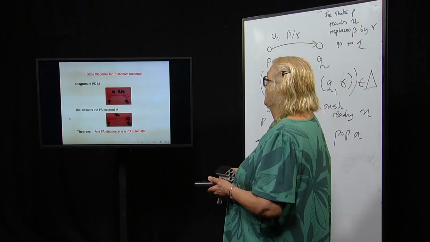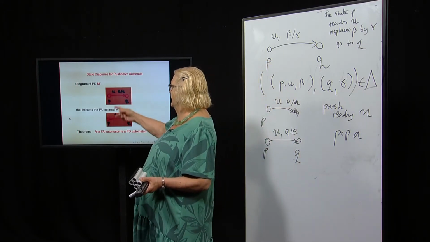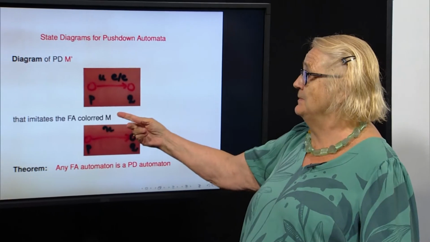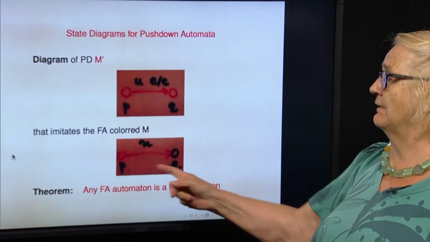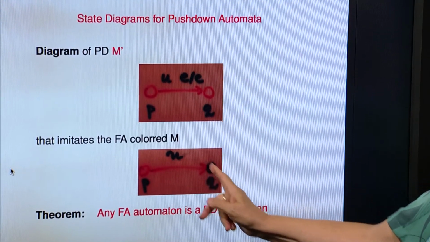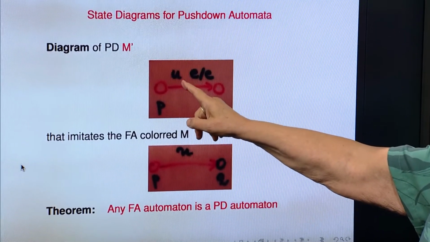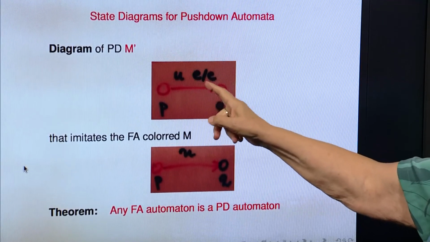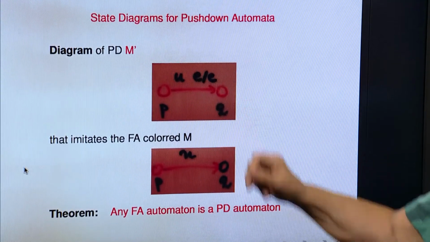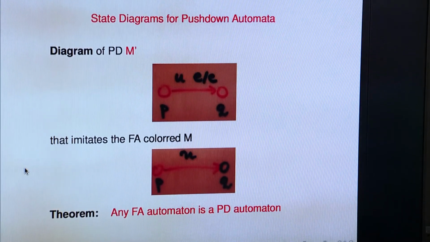And now when you have such a diagram, it imitates the finite automaton, right? In a state P, read u, go to Q. And here, in a state P, read u, nothing, the stack is empty, doing nothing on the stack. So that is imitation.